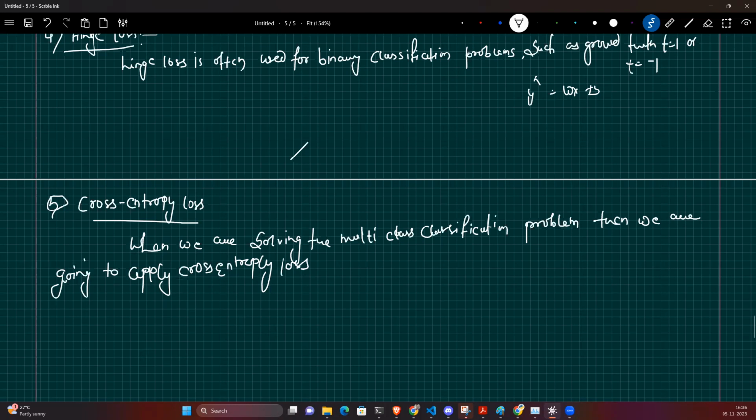So this is the cross entropy loss function.